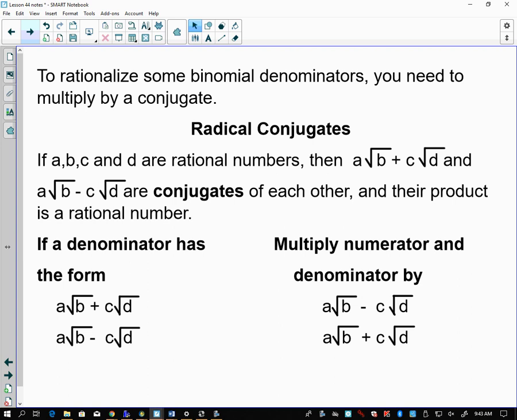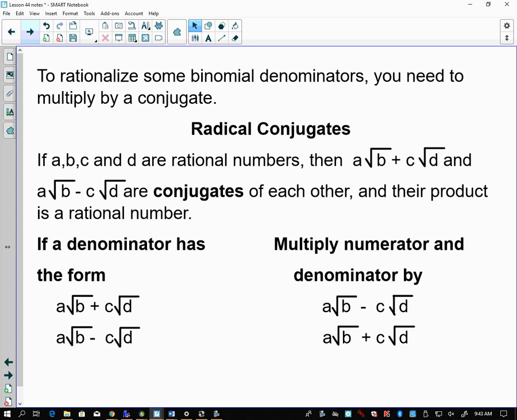All right, so let's say that we have a terminology here where A, B, C, and D are rational numbers, right? They're numbers that make sense, like 1, 2, and 3. But we have something like A square root of B plus C square root of D, all right?